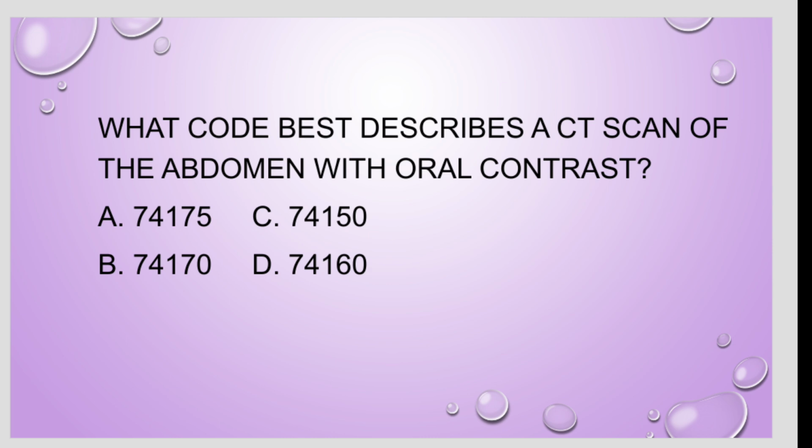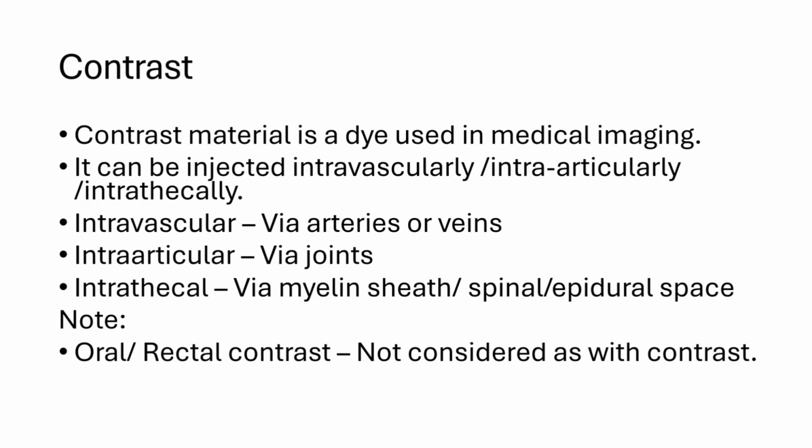Option A 74175, option B 74170, option C 74150, option D 74160. As we discussed earlier, if the contrast is given by oral or rectal means, then it will be considered as without contrast.